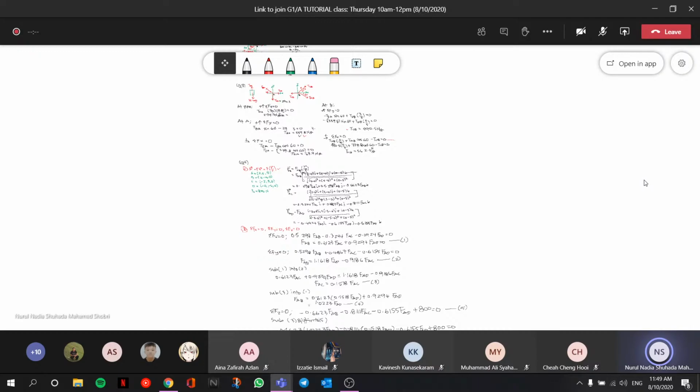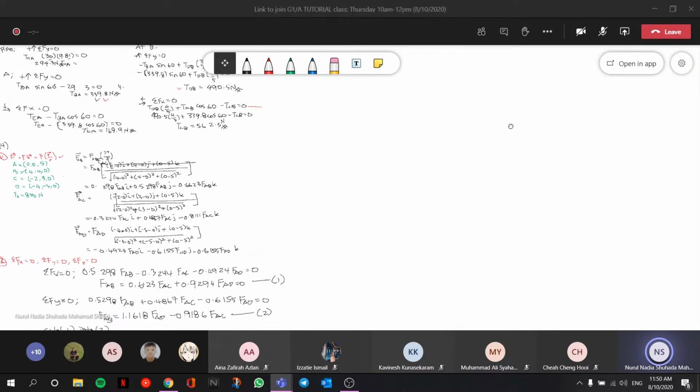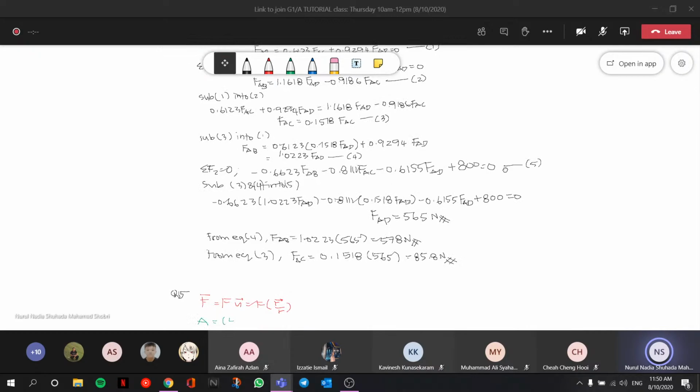so basically question number 5 is almost the same as question number 4. So we use the same formula. F vector equal to force times unit vector, and this equal to F times R vector over R. Okay. So for the coordinates, A is 4, 0, 0.